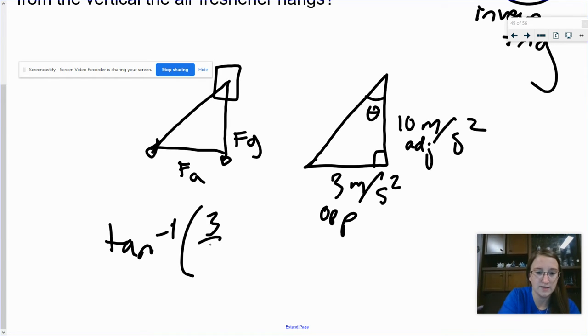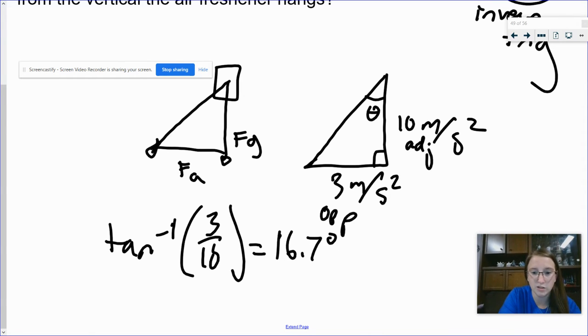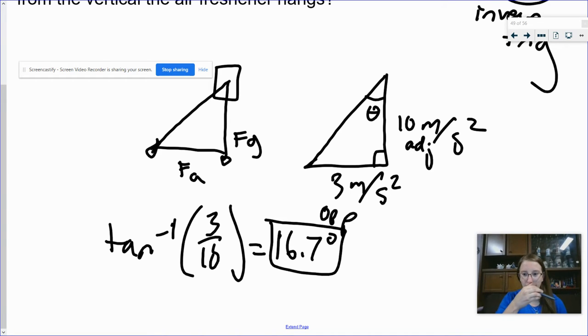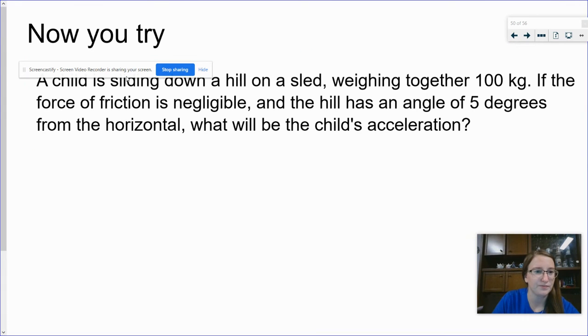So 3 divided by 10, we should have gotten about 16.7 degrees is the angle. If you got something close because you used the forces, if you had to round anything off, it should be pretty much the same thing. Once more, this would have been 3 times the mass and 10 times the mass. Again, we'll get the same thing. Let's go ahead and try the next one.